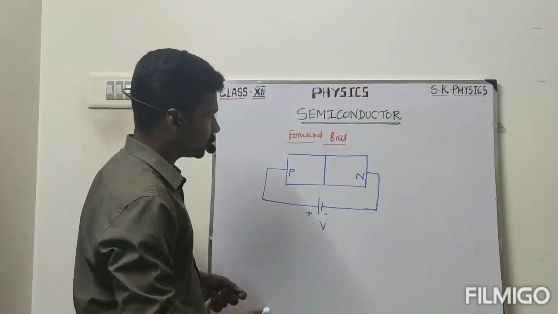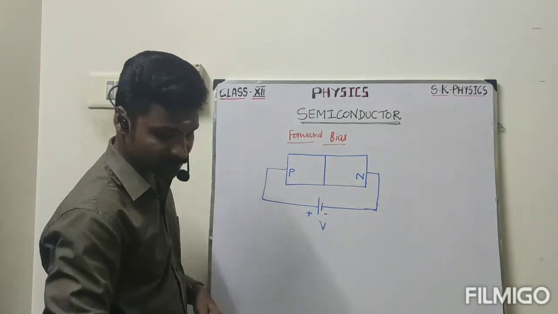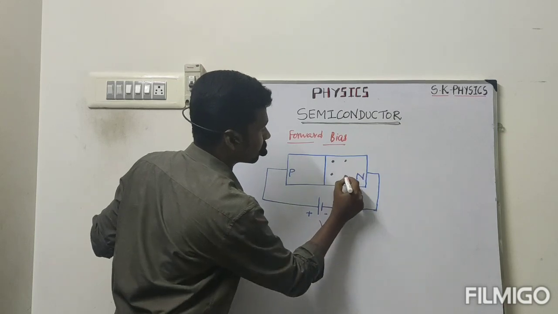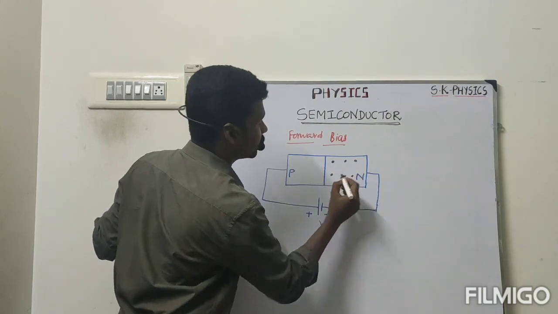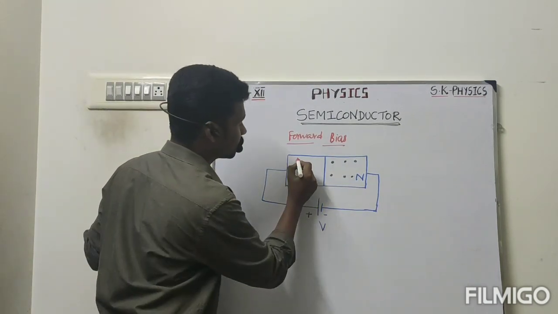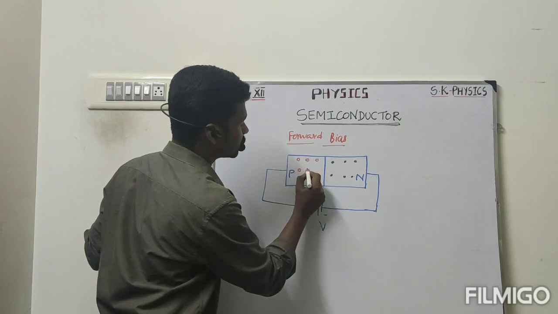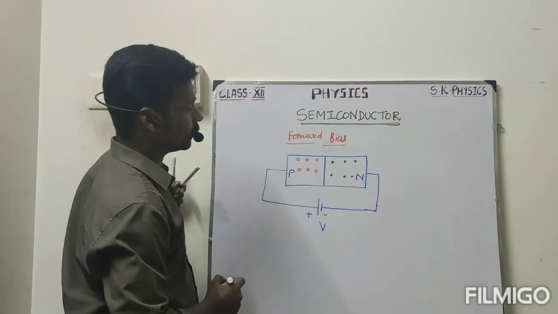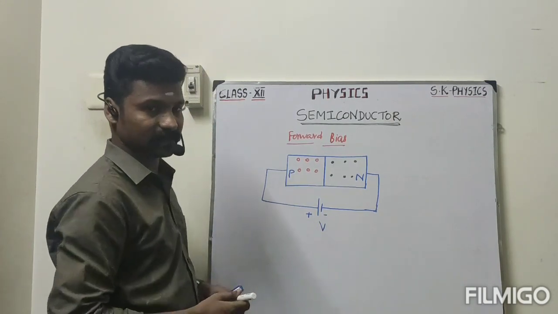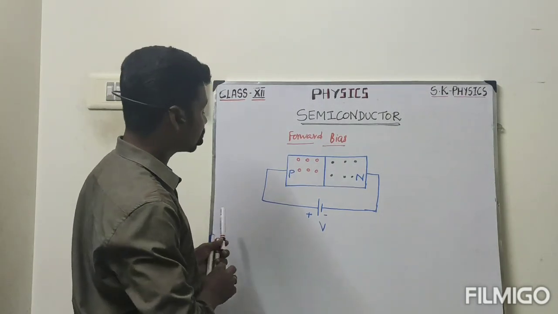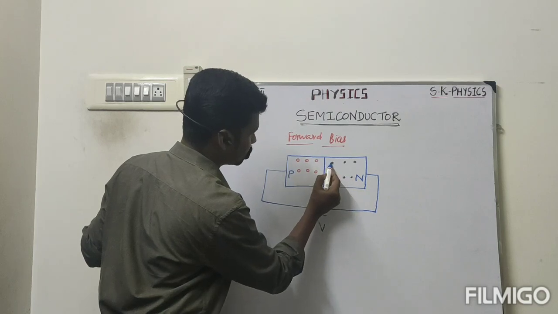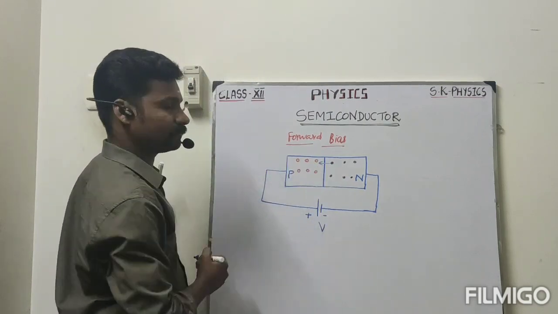We know very well that in the N region the majority charge carrier is electrons. Electrons are the majority charge carrier in N-type semiconductor. Like that, in P-type semiconductor, holes are the majority charge carrier. Now, if you increase that potential, the electrons move towards the P side.